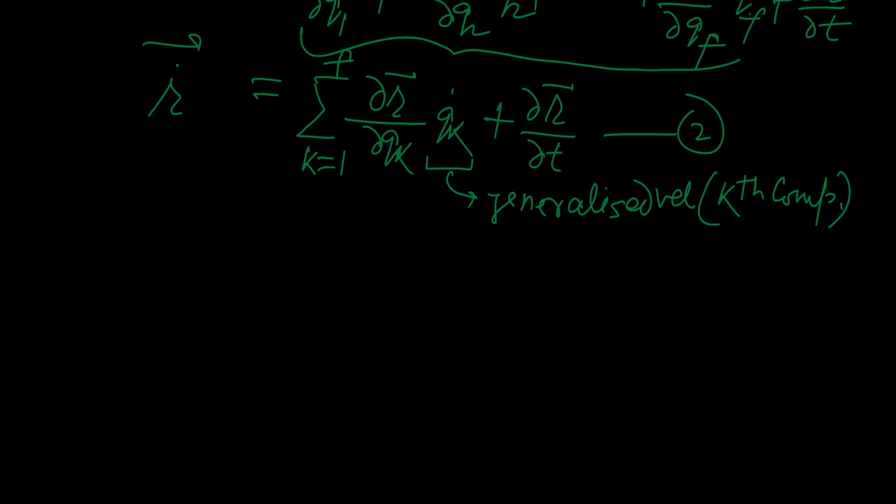As I have told you, we will differentiate partially this r dot with respect to any other component of generalized velocity, say the jth component denoted by qj dot. Jth component means j is not equal to k.